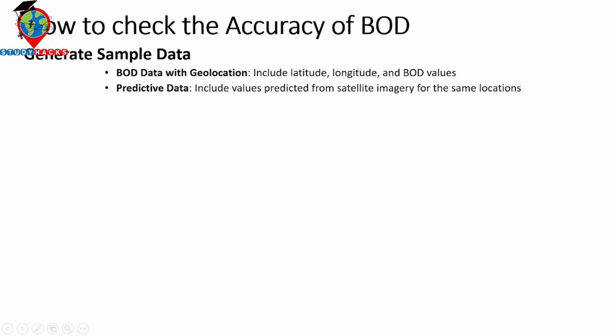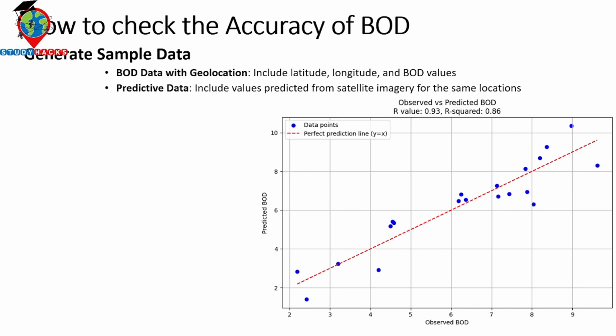We make a dataset from these values, which is our geolocation data. Further, we create the predictive data, which we get from satellite imagery, including the values predicted from the satellite imagery for the same location. Then we can create an observed versus predicted BOD comparison and find the correlation.